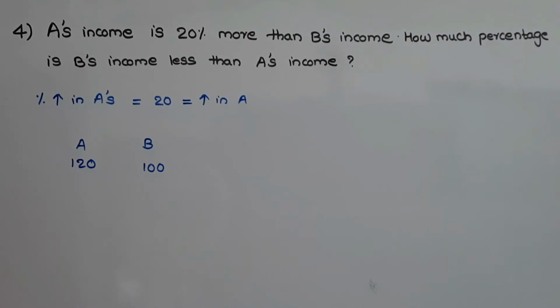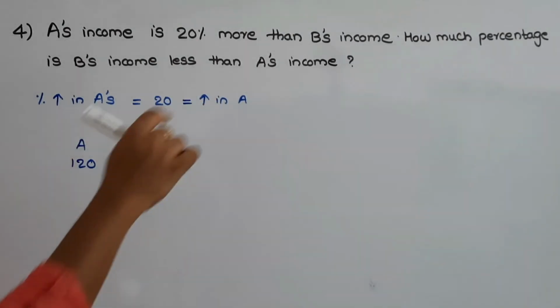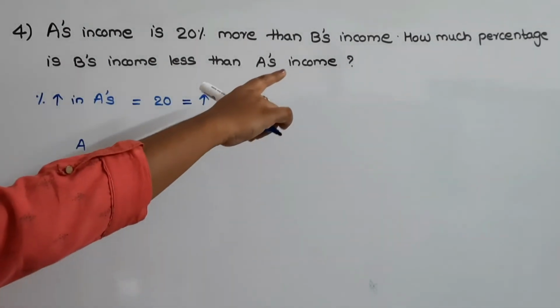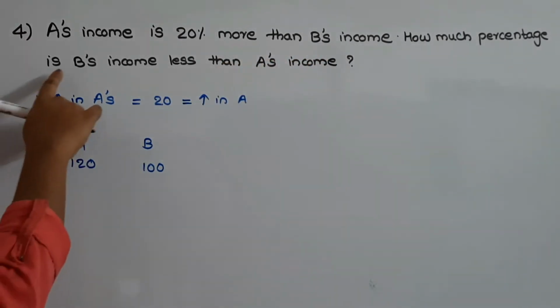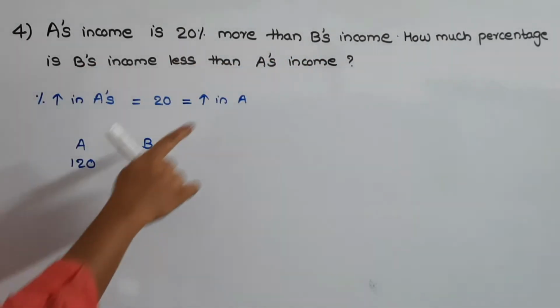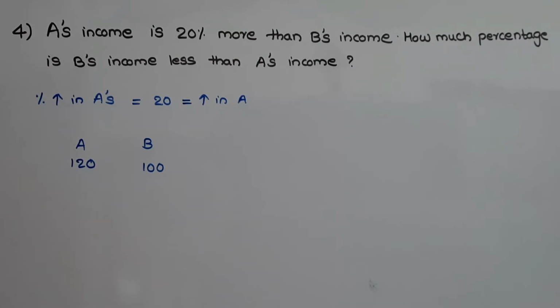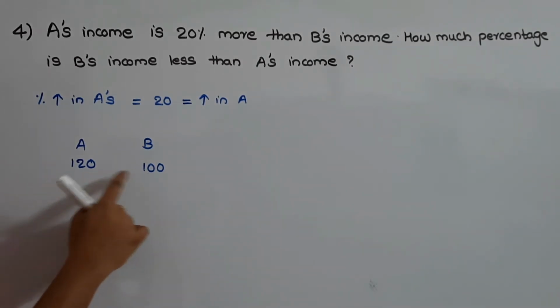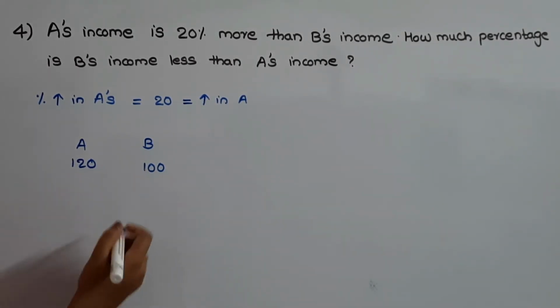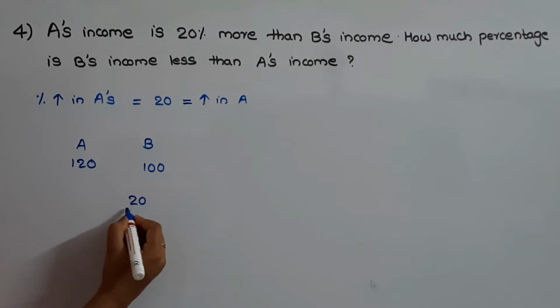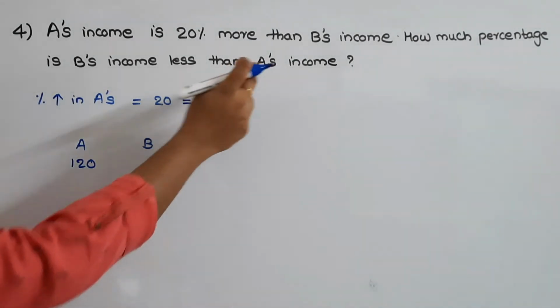Okay. So, in the question, they are asking us to find out by how much percentage is B's income less than A's income. Okay. So, for that, first take the difference between this both, that is 20. Okay. So, we need to find out the answer with respect to A's income.